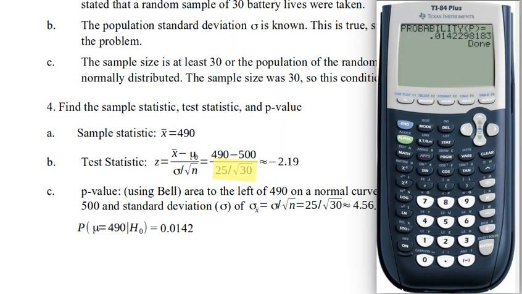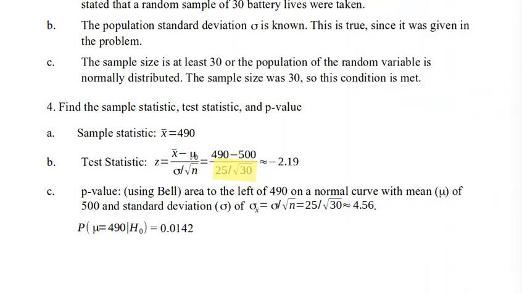And it computes the p-value, the probability that the mean would be 490 given the null hypothesis, as about 1.42%. You can compute the mean or the standard deviation of the sample means ahead of time, or as you just saw, you can enter that into your calculator as an expression.